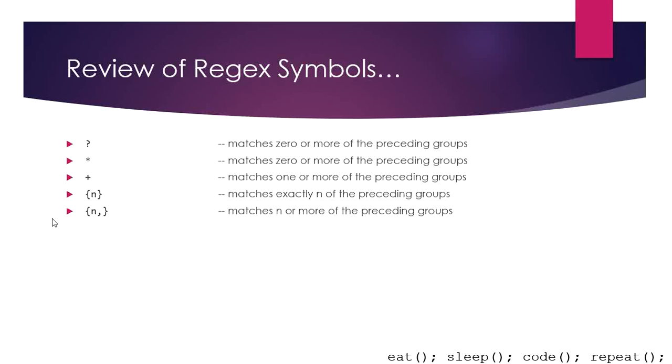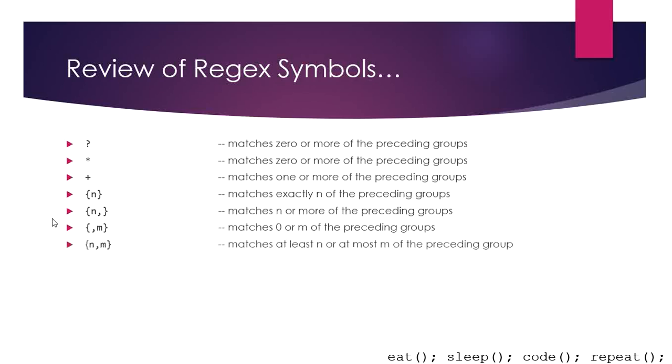It's going to have a minimum of n matches, n instances and more than n. Similarly, we have comma m, minimum of 0 matches, matches 0 or more preceding groups. It's going to match nothing or a maximum of m matches. Okay, this is 3,5, the example which we are taking.